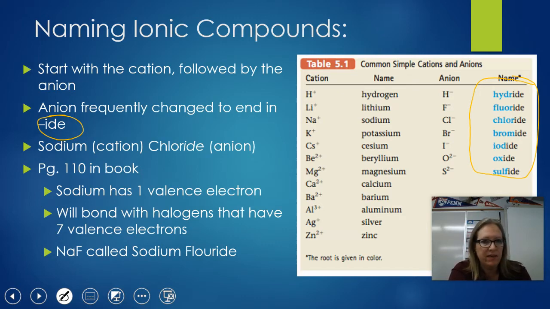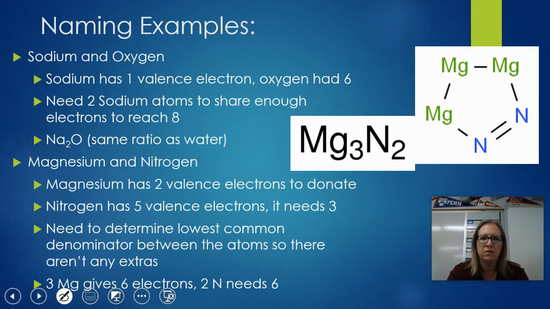Fluorine has 7 valence electrons. So fluorine is very similar to chlorine. Now, when they're bonded together, we don't call it fluorine, we call it fluoride. And so once those electrons are transferred, the anion takes on that IDE ending, and so we would call it sodium fluoride.